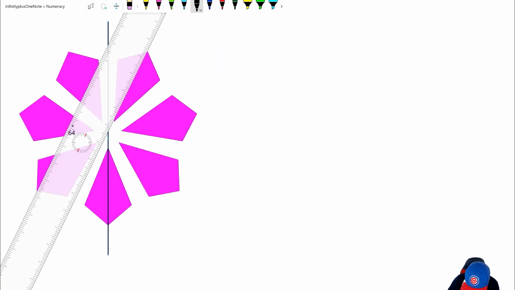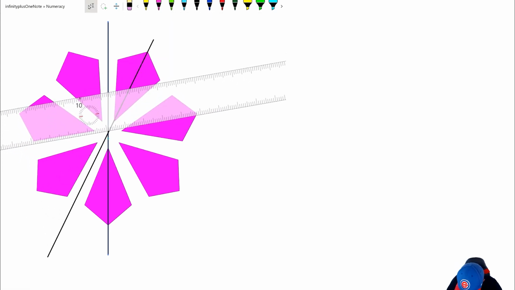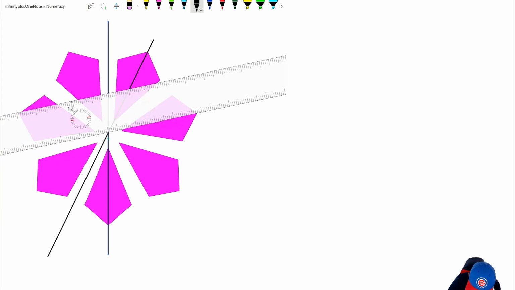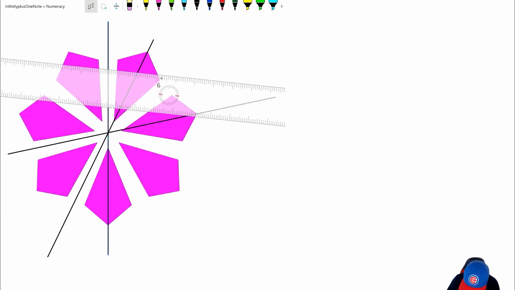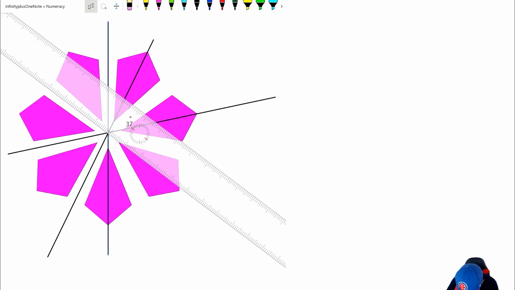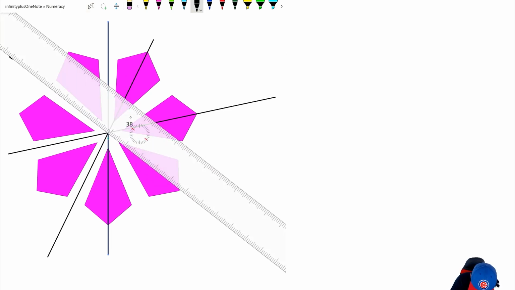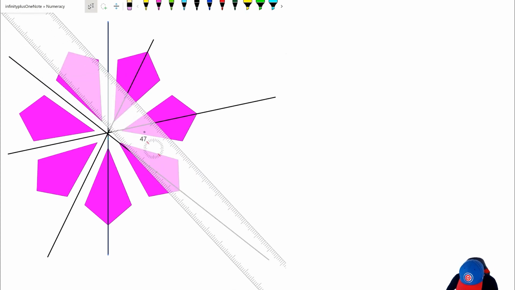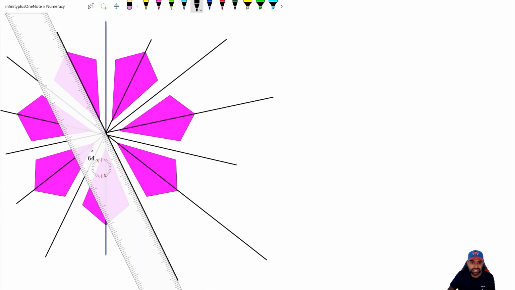So here is my second line of symmetry. Then here is my third one, and I know I'm going to struggle, but you get the idea of what I'm trying to do here. Roughly, there's my third one. Fourth, fifth, sixth, and seventh.